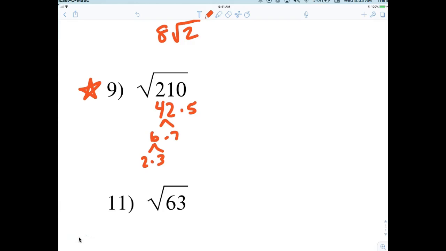Are any of the factors perfect squares? No. None of the factors are perfect squares. So guess what? You cannot break down square root of 210. That's the answer. All right? There were no perfect squares in 210.